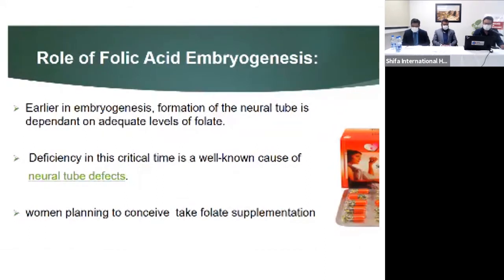In embryogenesis, the formation of the neural tube depends upon an adequate level of folate. Deficiency in the folate level will cause neural tube defect. So a woman planning to conceive should start folic acid supplementation, so that it decreases the risk of neural tube defect.